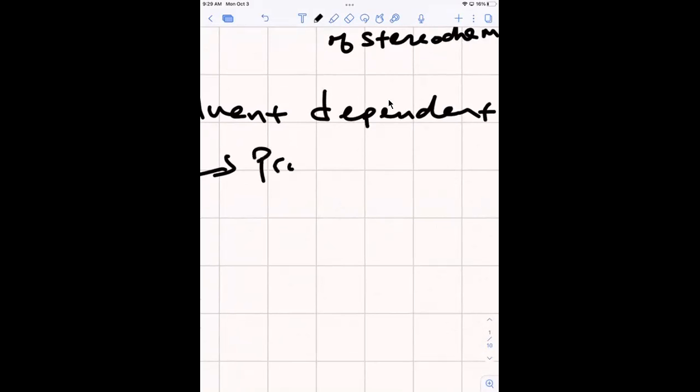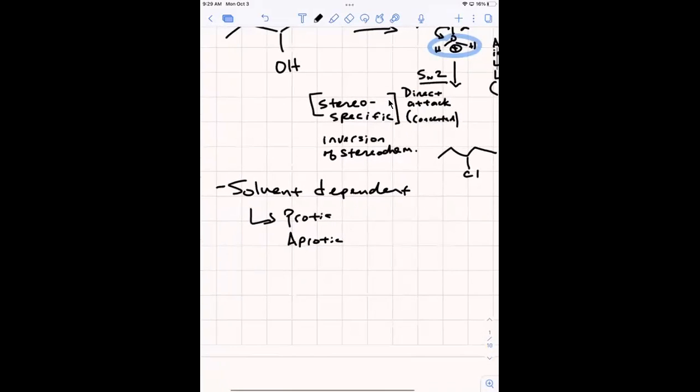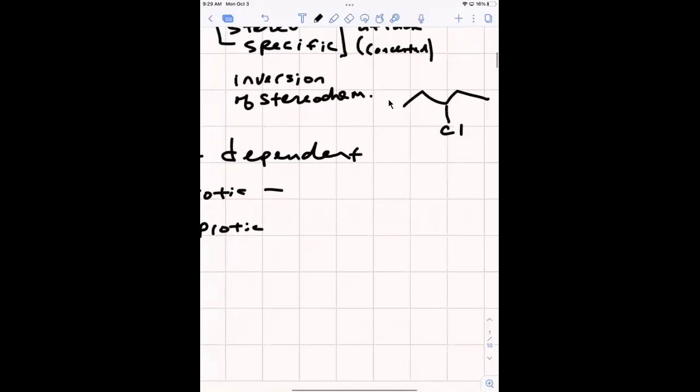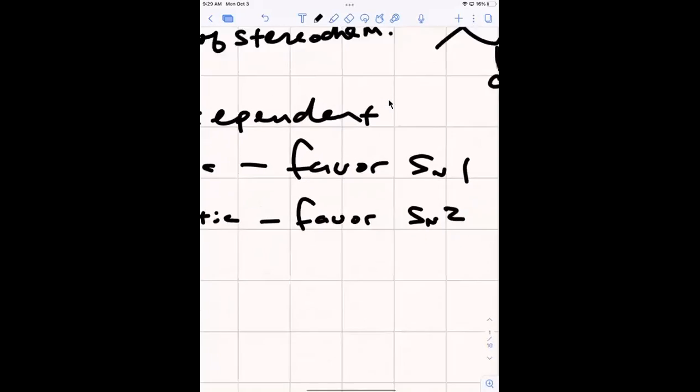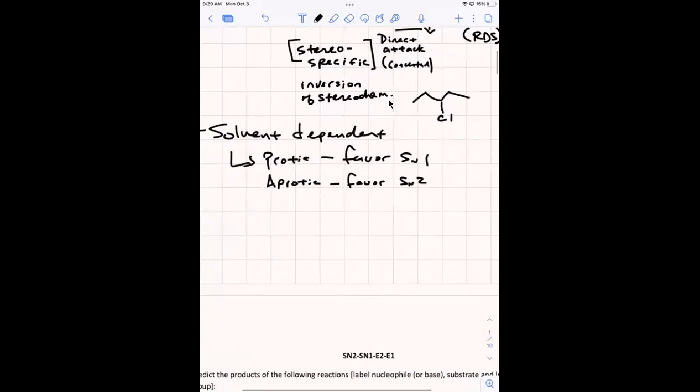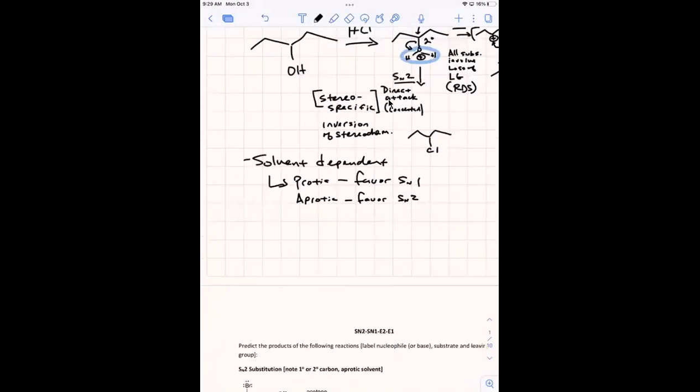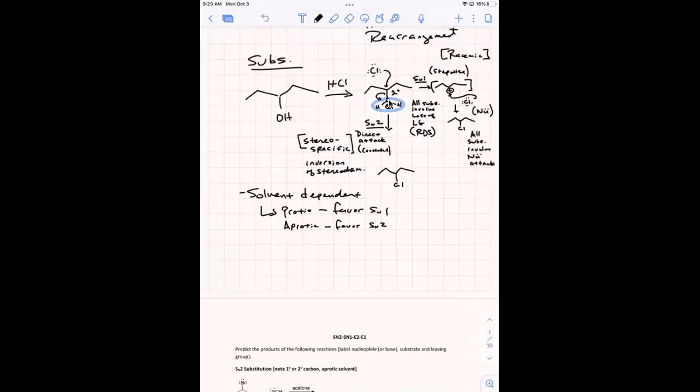So protic solvents are going to favor SN1. And if it's aprotic, it's going to favor SN2. We'll talk more about that when we get to it. Are there any questions about the substitution?